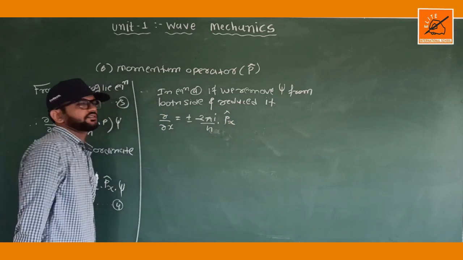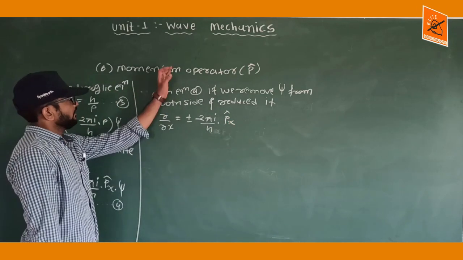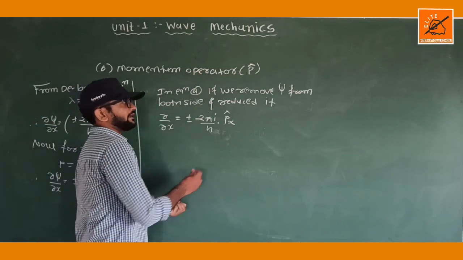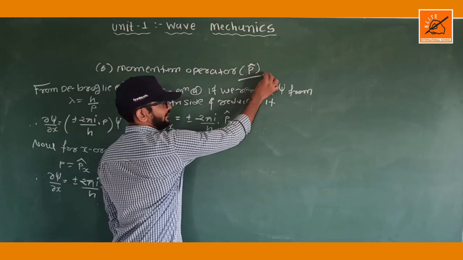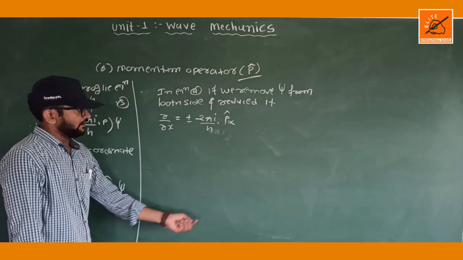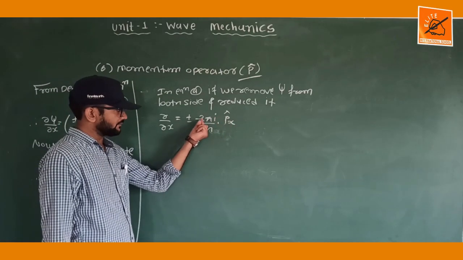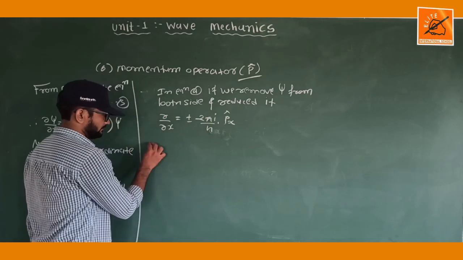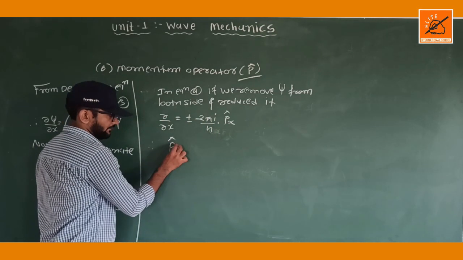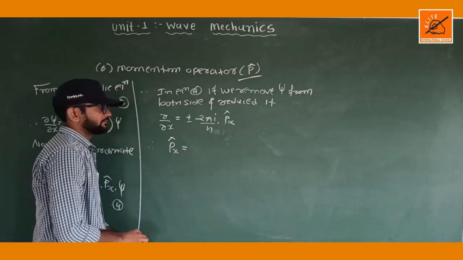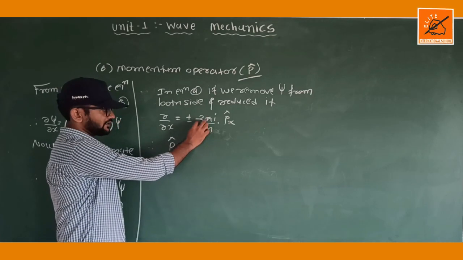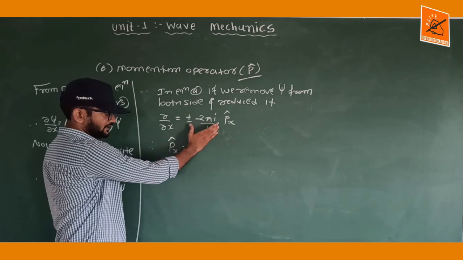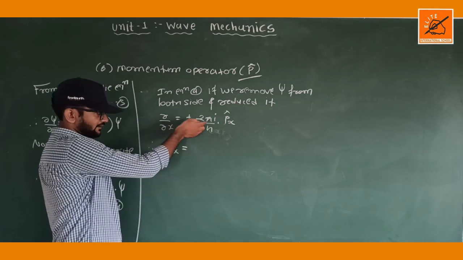Okay, so in this theory, what do we find for the momentum operator? The value of p cap: p cap into plus or minus 2 pi upon h is equal to d by dx. So now p cap is equal to, here h is in the denominator and plus or minus 2 pi is in the numerator, so if this term goes to this side, it is inverted.